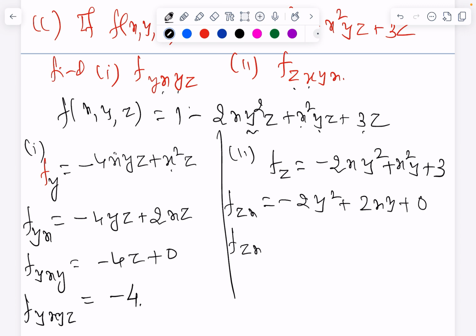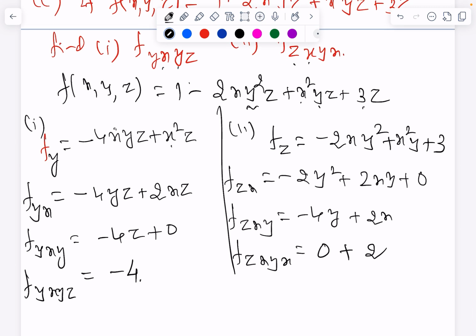Now with respect to y, so minus 4y plus 2x. And now with respect to x, so this is 0 plus 2. So that is 2. So this is the way you can find.